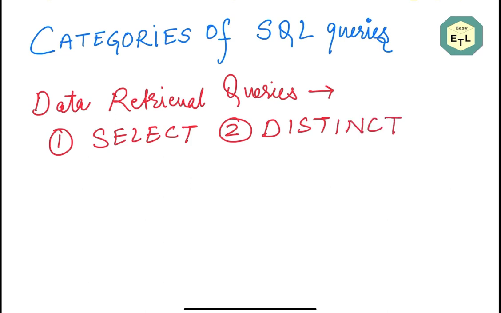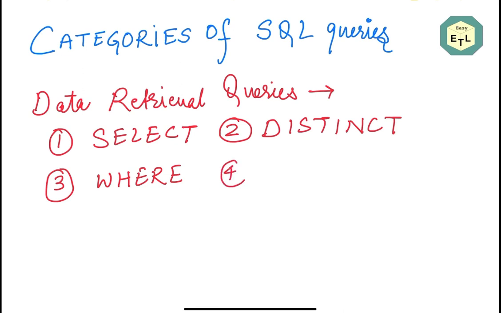This retrieves unique values from a column. The third type is where query operation. This type actually helps you to filter the data based on a specified condition. For example, if you want to retrieve data based on age between 25 to 30, then this is the clause or SQL operation which you will use along with the select statement, right?